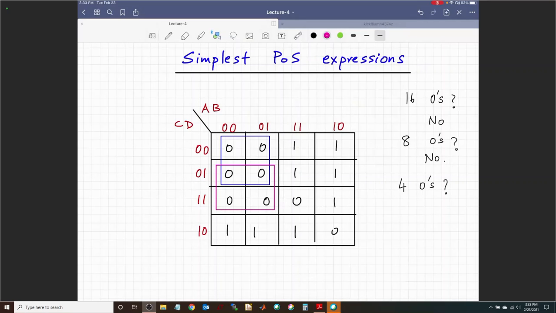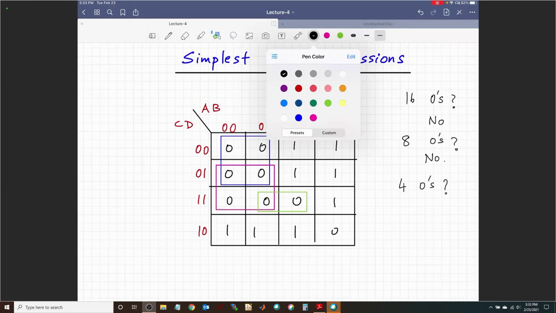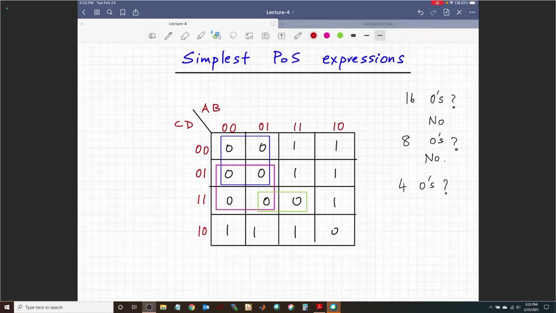The next one is going to be what? Let's say green. I've got this guy with this guy. Nothing much we can do there. And the last one, maybe in red, sure. Doesn't have any friends right now.